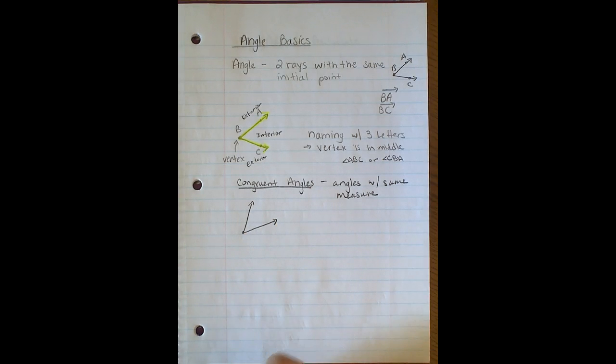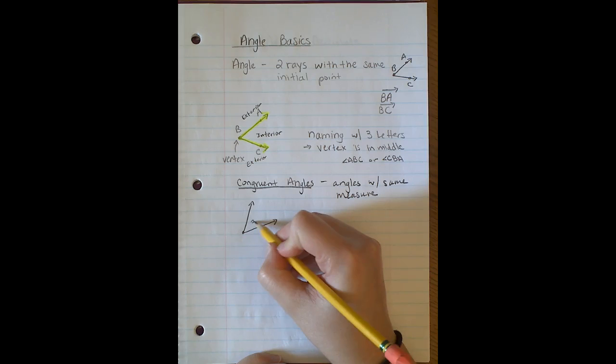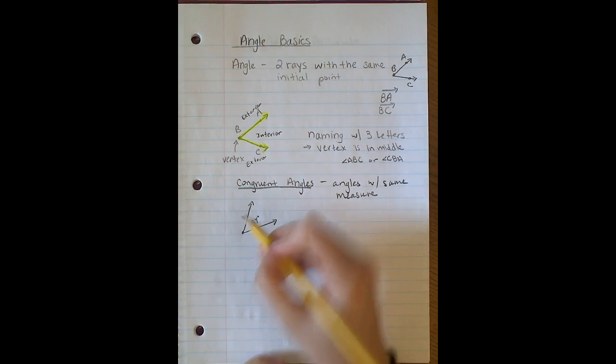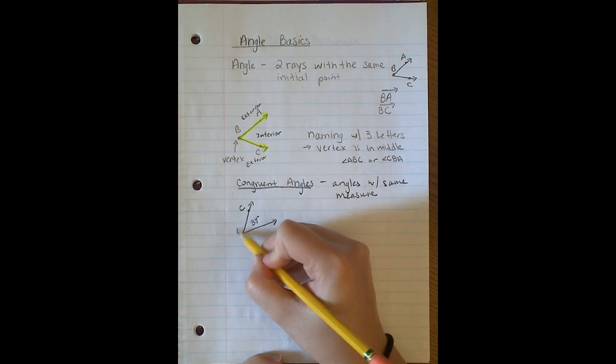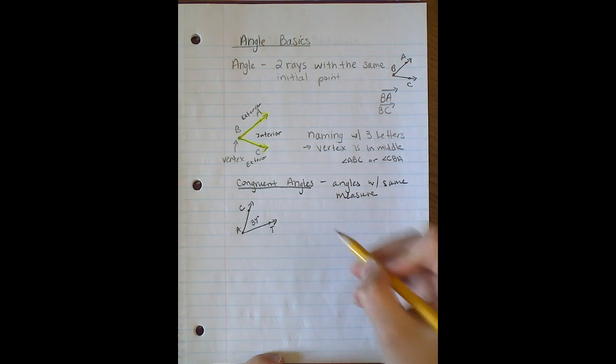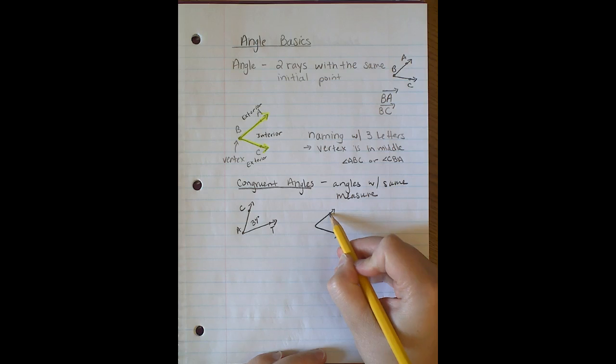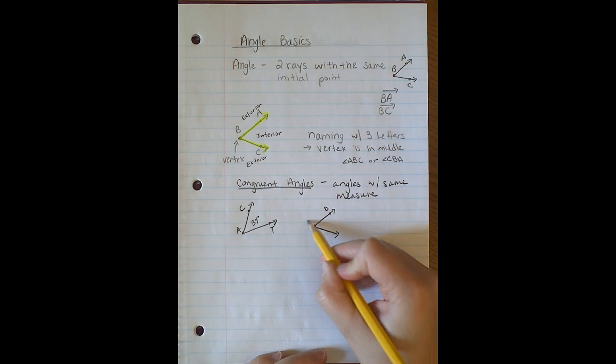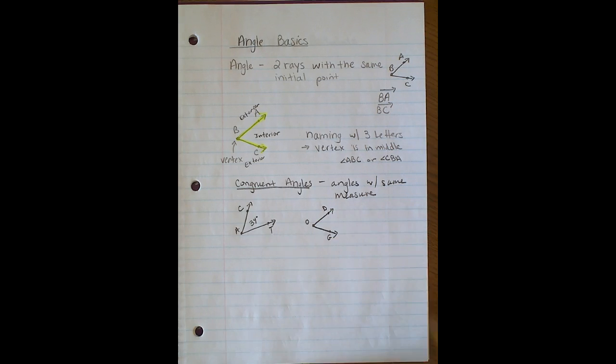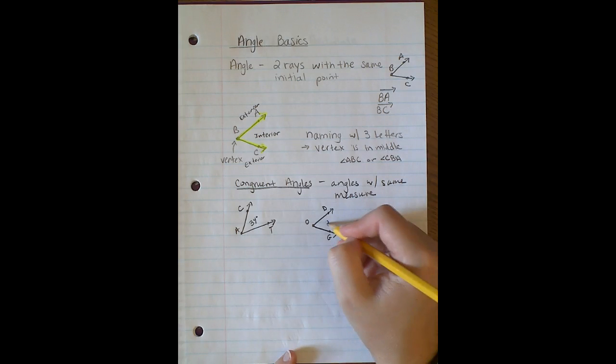I'm going to label them 34 degrees. So we'll call this one CAT, and this one DOG. Cat and dog, and they're both 34 degrees.